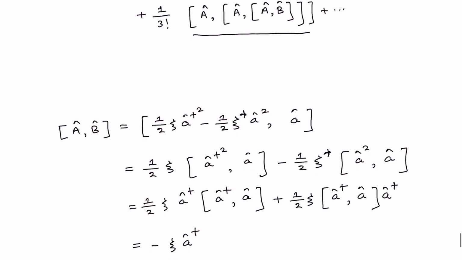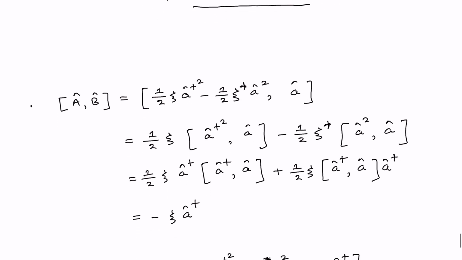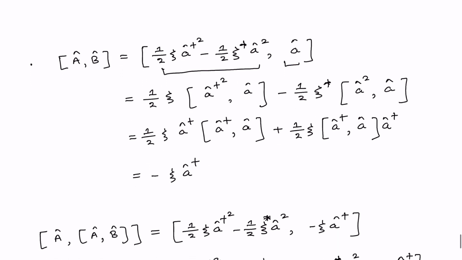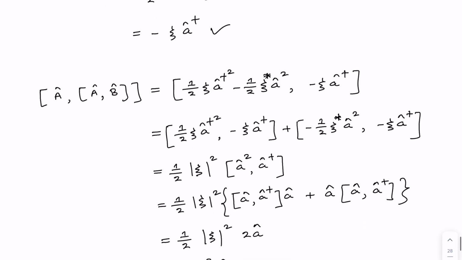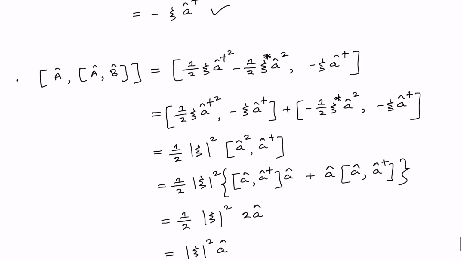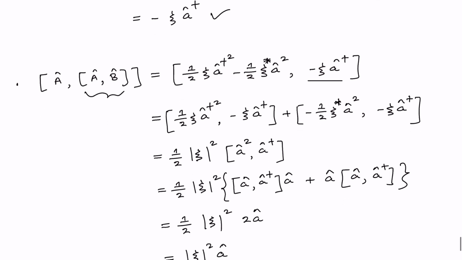In fact, if we calculate the commutator of A and B, where A is taken to be this and B is A, and if you do the operator algebra, very simple and straightforward, then this is what you are going to get. Similarly, if you calculate the second commutator, because already you have found the first to be minus xi A†, the calculations then become simple.